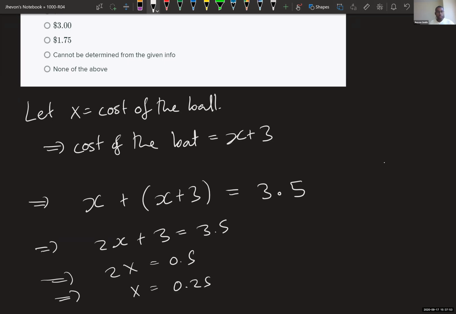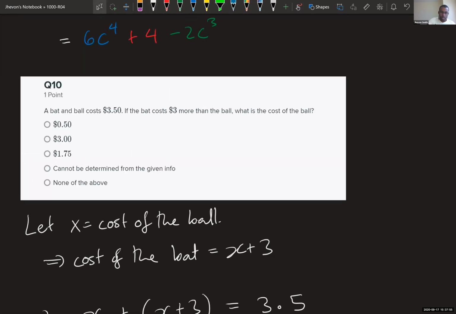So it's 25 cents, which is not present. Turns out, people choosing 50 cents would be a common error. In fact, this is another problem that has historical significance.